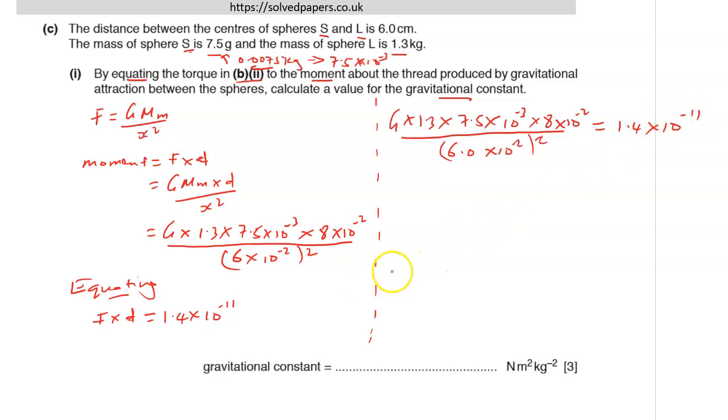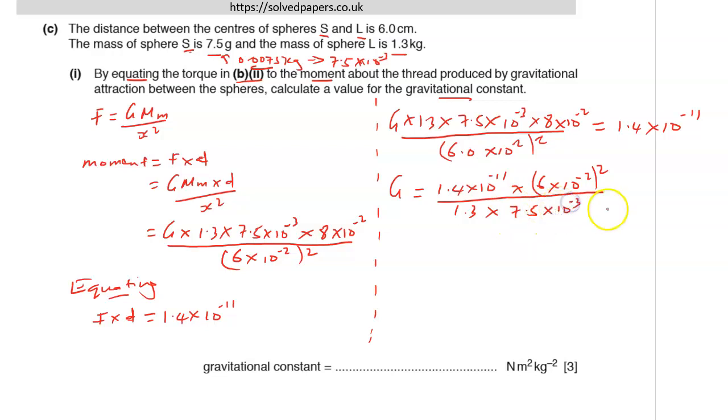Therefore, G, which we are calculating, will be equal to 1.4 times 10 raised to power minus 11 times 6 times 10 raised to power minus 2, squared, all over 1.3 times 7.5 times 8 raised to power minus 2.